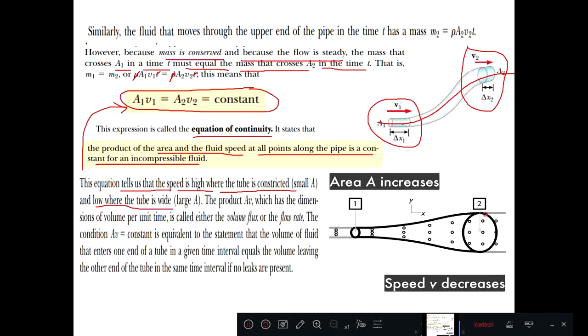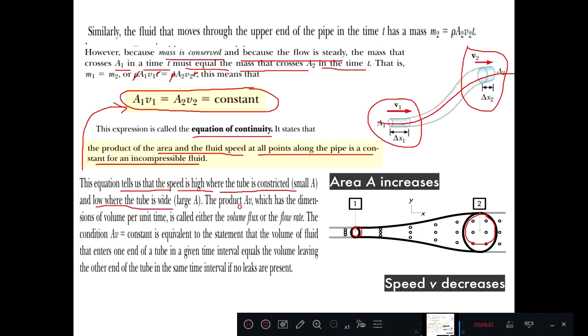At this region, the fluid will have a low velocity, and at this region the fluid particle will have a very high velocity. So wherever the area is small, the velocity is high, and wherever the area is more, the velocity is low.